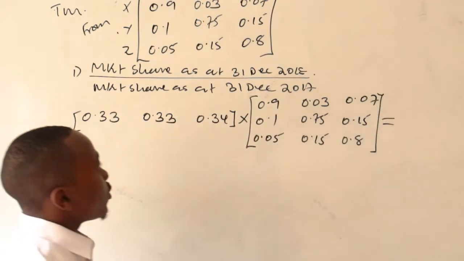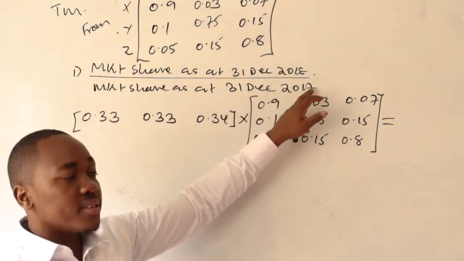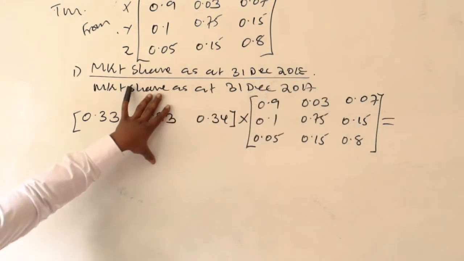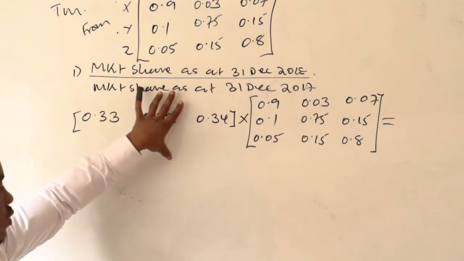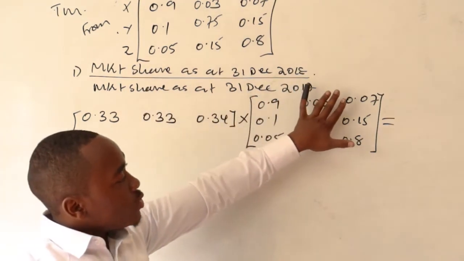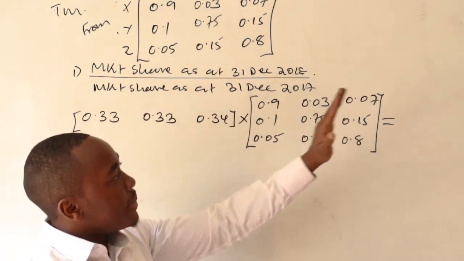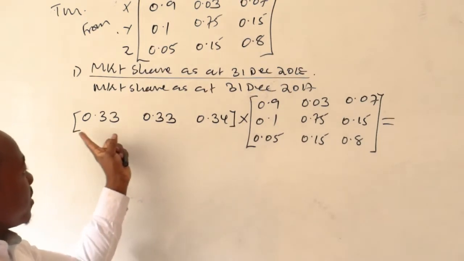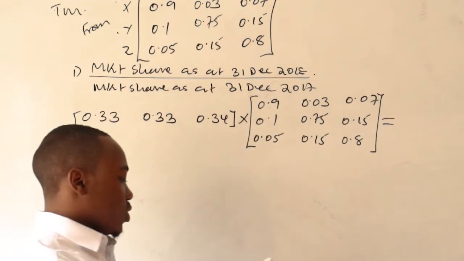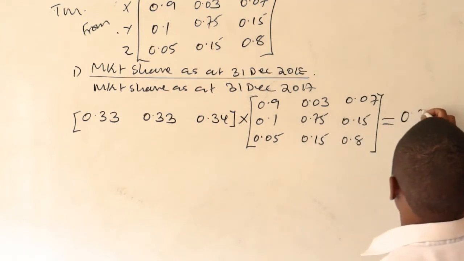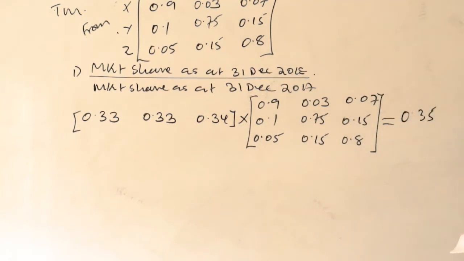Now, in this case we are looking at 1st December 2017. I have taken the market share as at January 2017 and multiplied by the transition matrix to get December 2017. So what do you get? First row, first column, we get 0.35, 0.31, and 0.34.